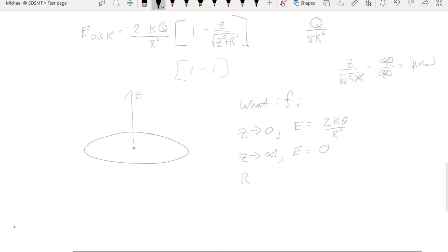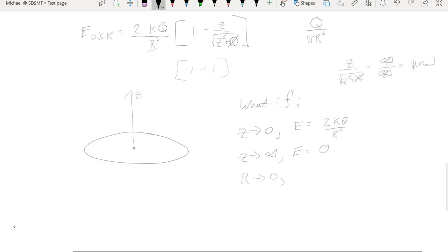So what if we let R go to 0? What would happen then? Well, in that case, inside of the brackets, we would get 1 minus 1 again, which is 0. But then we would have a 0 squared down in the denominator.